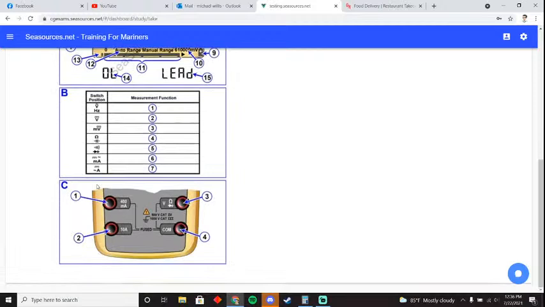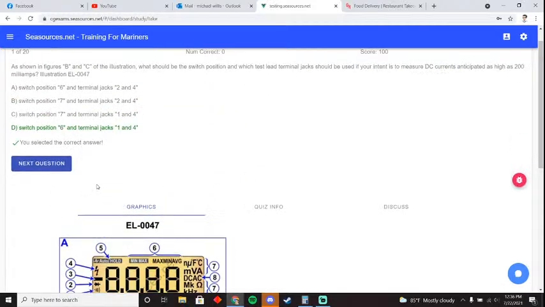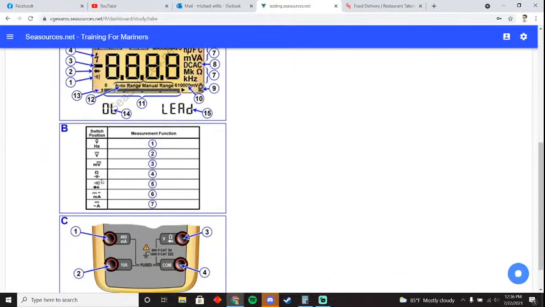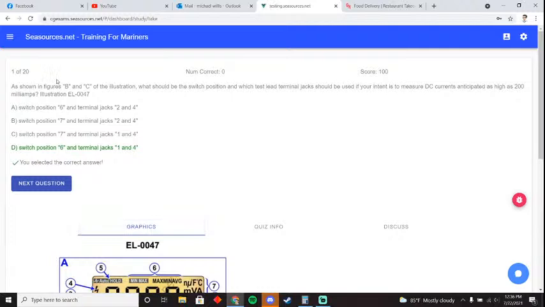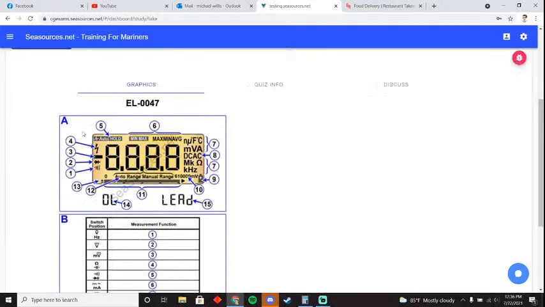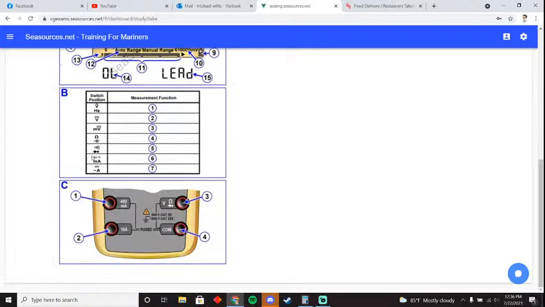Alright, so in B, you want direct current, so you need switch position 6, which is milliamps DC, that's amps, direct current.